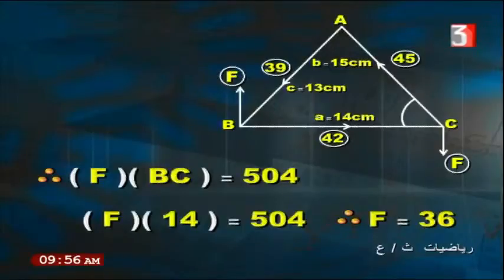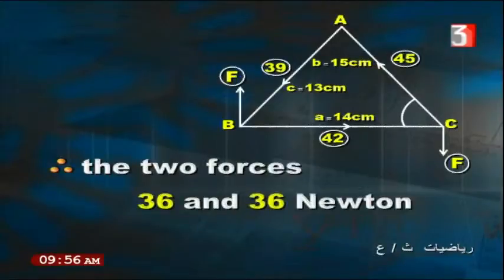Therefore, the two forces which form the second couple, 36 and 36, act at C and B, perpendicular to BC, each one 36 Newton.